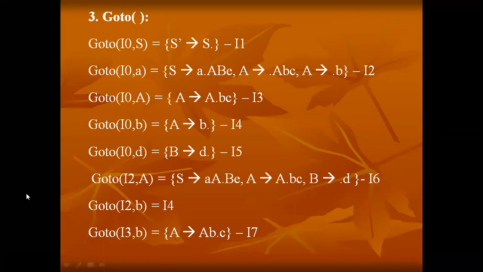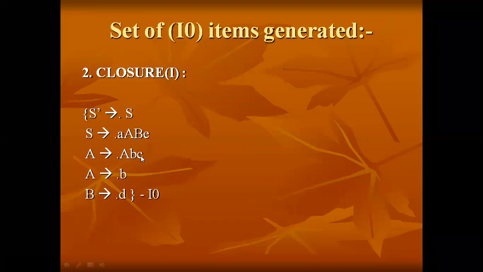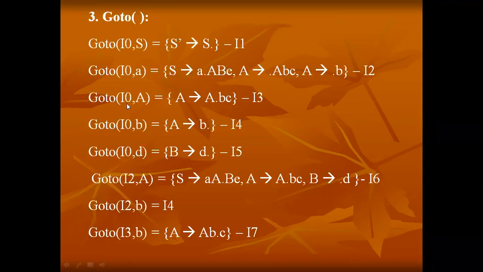And see, in the third rule, after the dot we have an A. Now I am taking I0 with A, because that rule is in the set I0. Here the dot is present before the A. Now after processing it should move forward, that means it should be present after the A, after performing the goto function.